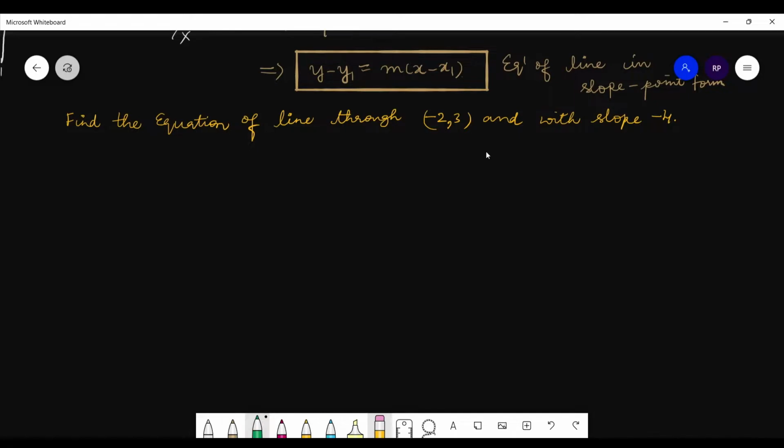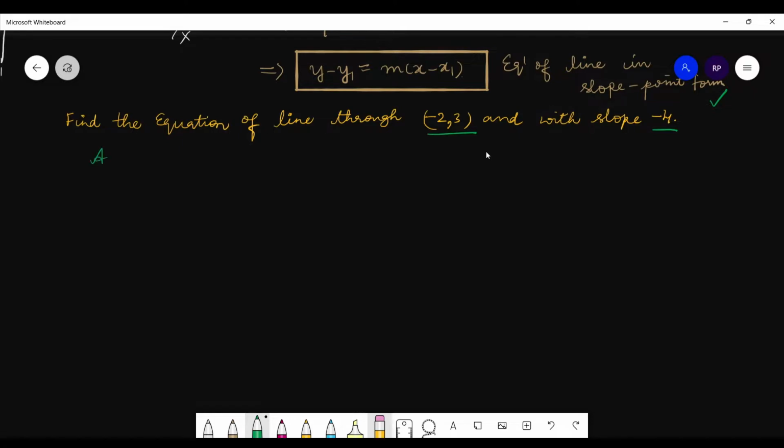Okay, this is the question. Now they've asked us to find the equation of this line. They have given a point, they have given the slope. So you should understand that we should be using the slope point form.